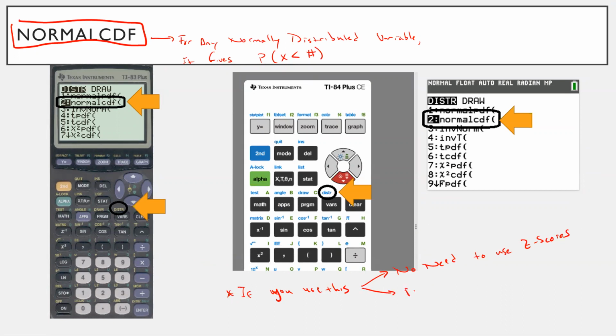And then you don't need the statistical table. So basically what it cuts out is steps 3 and 4. Like it'll just solve it for you. It'll do all the calculations on the back end. So this is a function, and you have to input 4 things into the calculator.